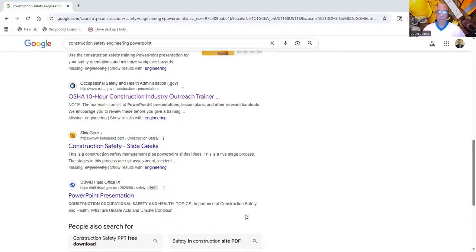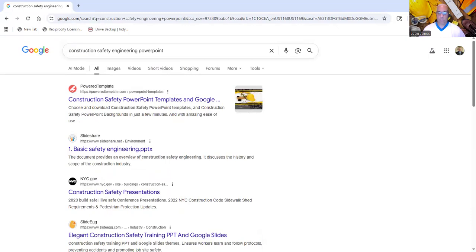I want to share my screen and want to get into some definitions. Now, when we deal with construction safety engineering, there is the definition right here.